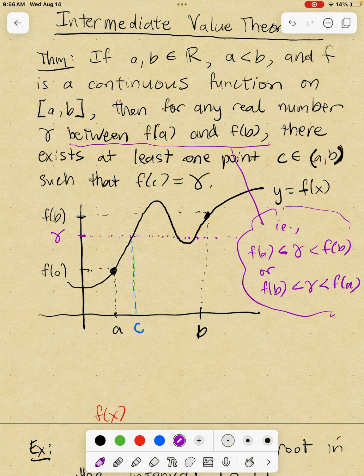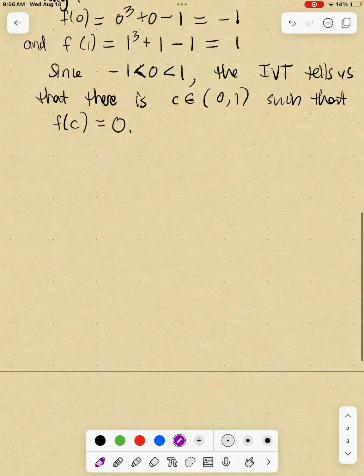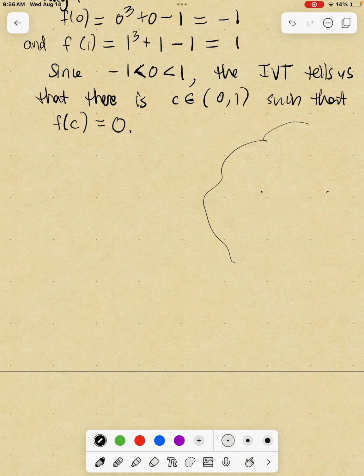Because I was just thinking, what happens if f of a equals f of b? Then you could have something like a parabola. Okay, I'll just draw a little cloud here. If f of a equals f of b, then you can have a parabola like this.